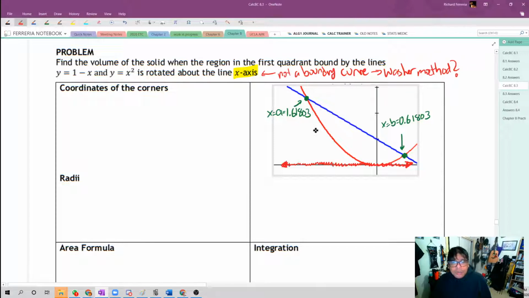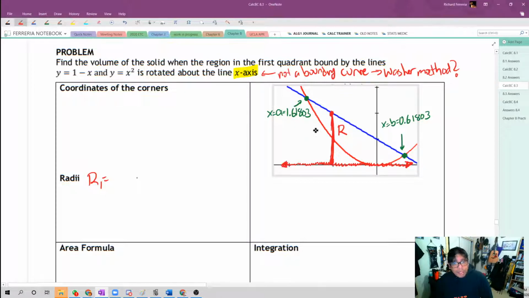So the first radius, r1, that's going to be the distance from the axis of rotation to the curve that's furthest away from the axis of rotation. So that's this right here. That's a lot of red on this paper, but hopefully that won't get confusing. So that's our big radius, the distance from the axis of rotation to the big curve.